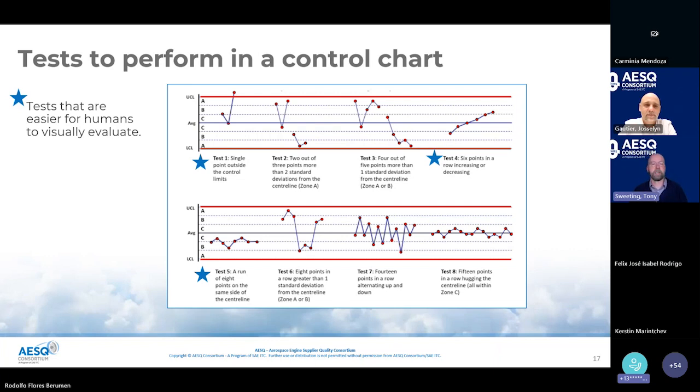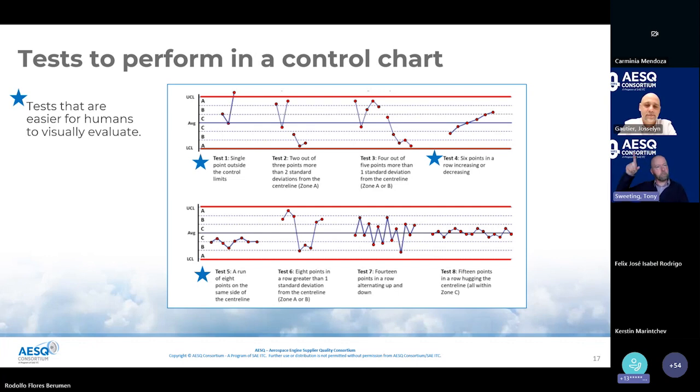Here's a test. The easy ones are obviously, if it falls out of the control limit, which is test number 1, this is not what I expected. This is new. I won't go through all the tests, but test 4, for instance, another simple one, we seem to have a trend and it could be going up or down. Something's unusual. This is not what I expected.